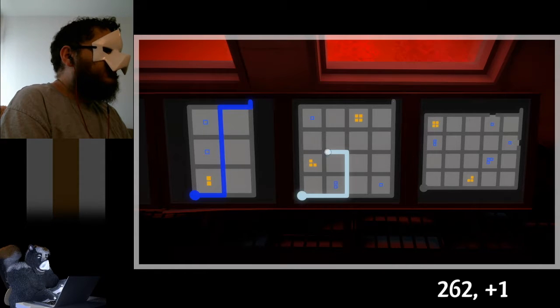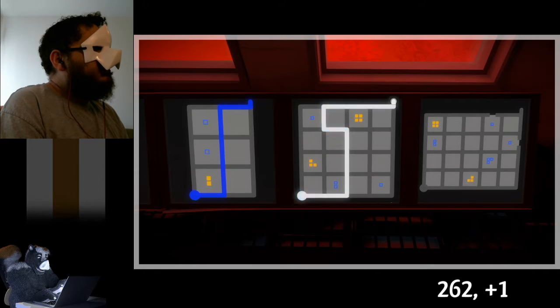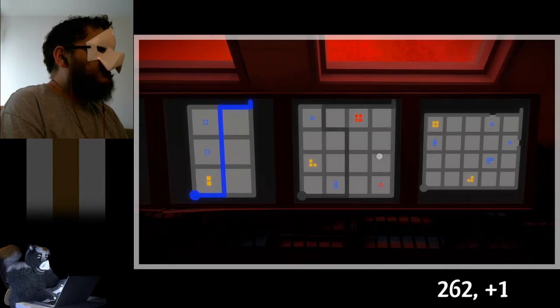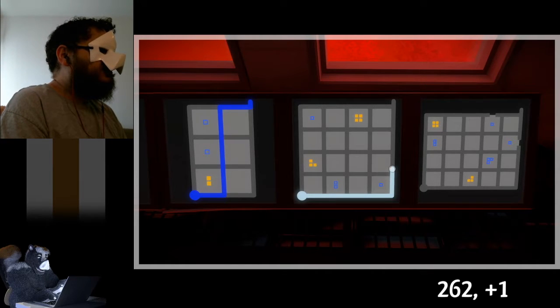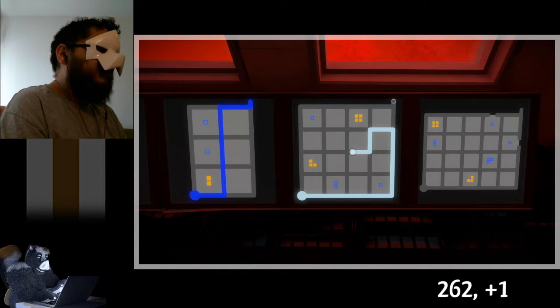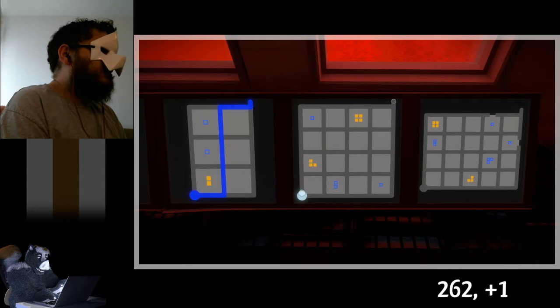No. It's not going to work because they're... Okay, so at least that side suggests that I have the principles right. No. Not gonna work like that.